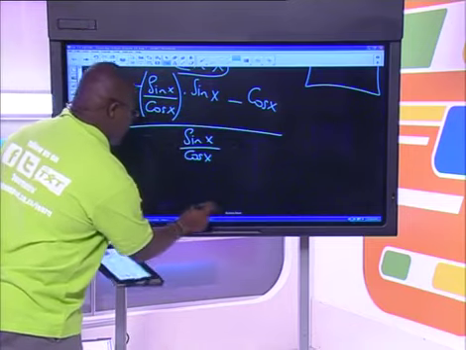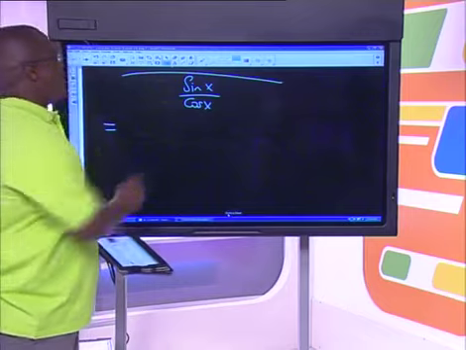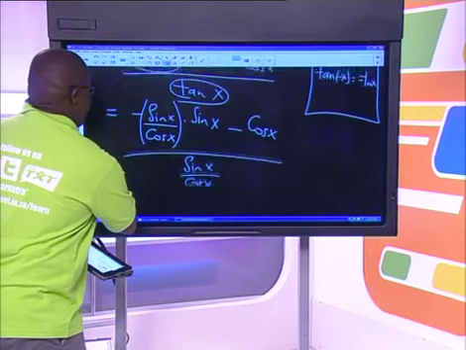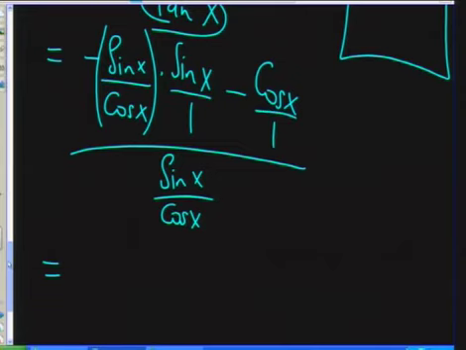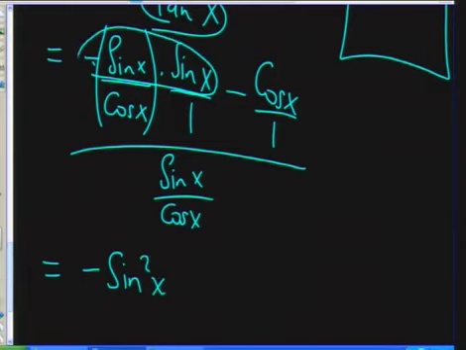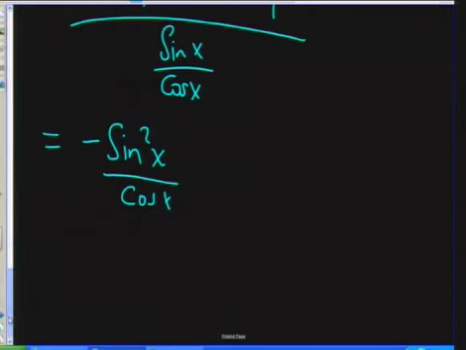Next, the next step would be to simplify this whole expression even further. Remember this is sine over 1, cos over 1. Now, negative sine times sine will give us negative sine squared. That's what we're going to get by multiplying these two, and our denominator is cos x.